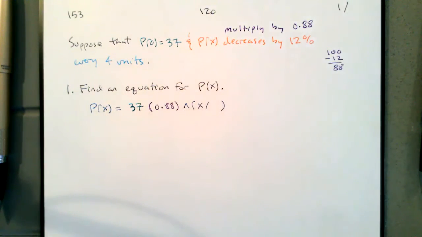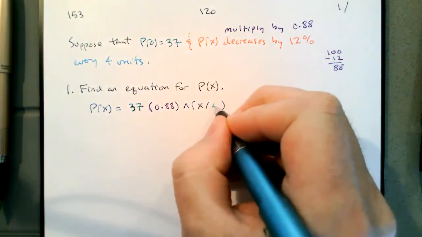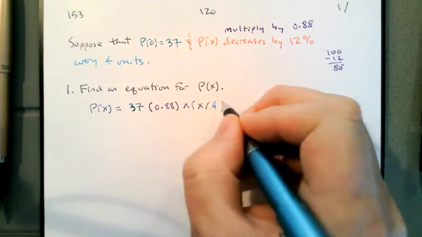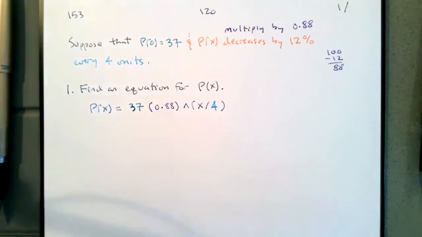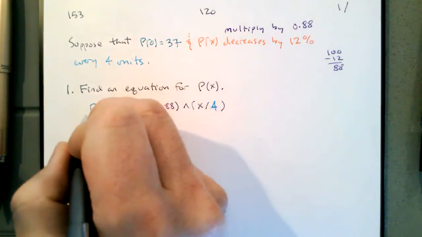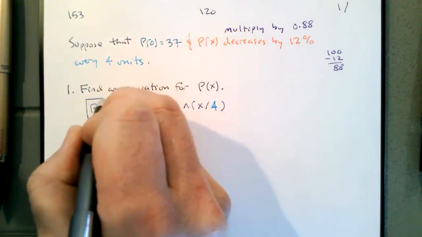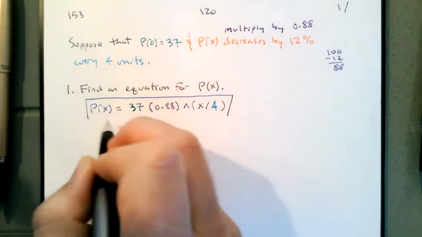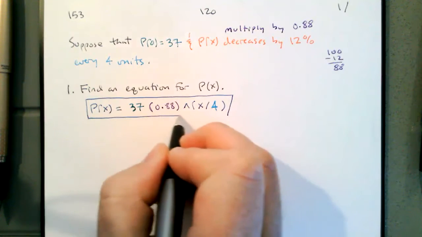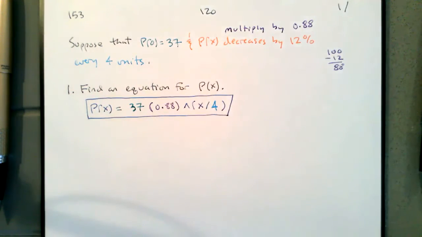And this is happening every 4 units. So there's an equation that fits this description. We start off at 37, and we decrease by 12%, which is multiplying by 0.88 every 4 units.